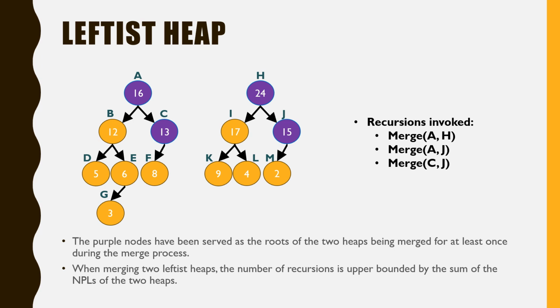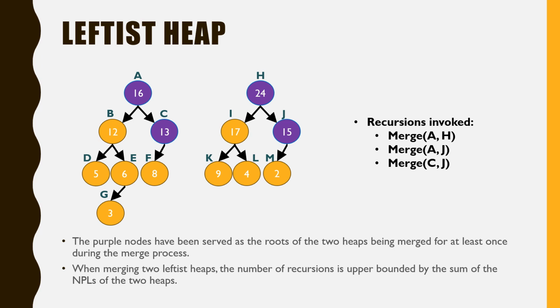In our example, those rightmost nodes are highlighted in purple. Since leftist heaps are intentionally unbalanced, their left paths are generally longer than their right paths. As a result, the purple rightmost nodes form shorter paths within the heaps.